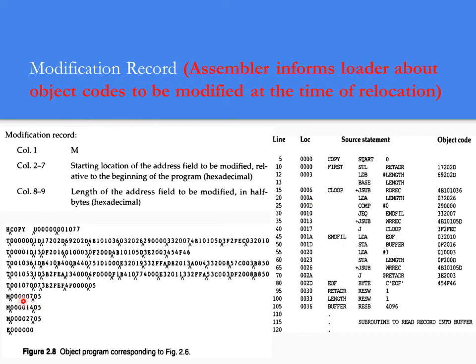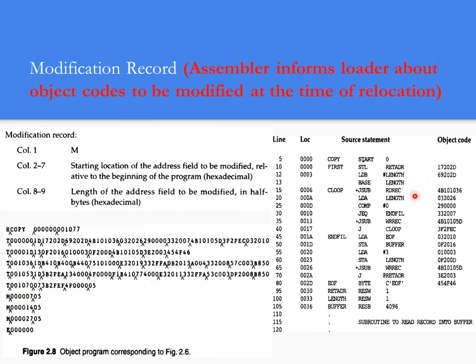That is the starting location 007. Then the length of the address field in half bytes: 5 into 4, not 5 into 8, because it is a half byte, not 1 byte. So 5 into 4 gives 20 bits. Starting from the 7th location you have to modify the record.